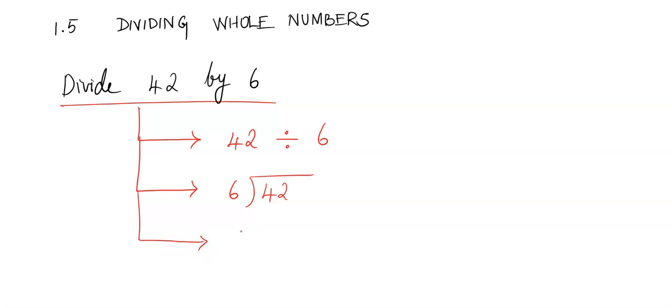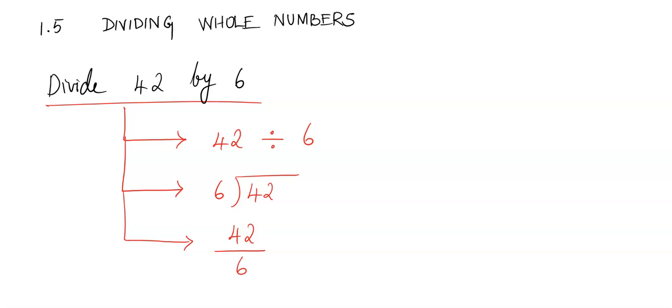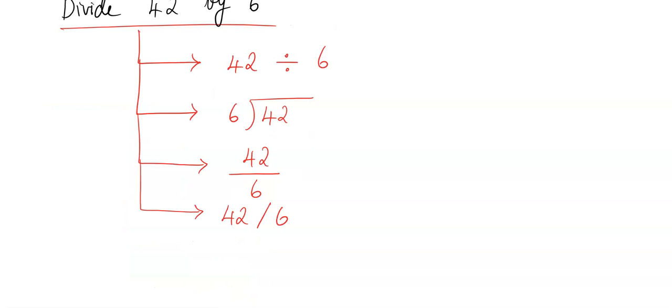Or you could show it as 42 division bar or fraction bar 6. And then there's one more, 42/6. So no matter what symbol we use, we can find the answer by using multiplication.